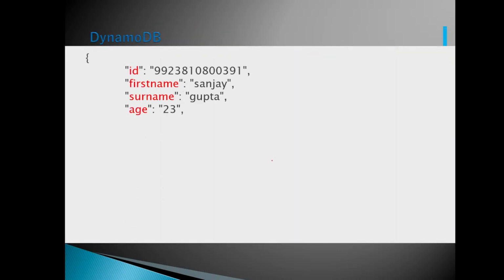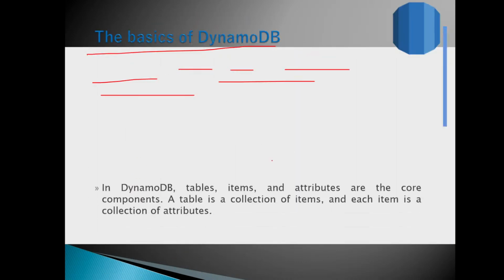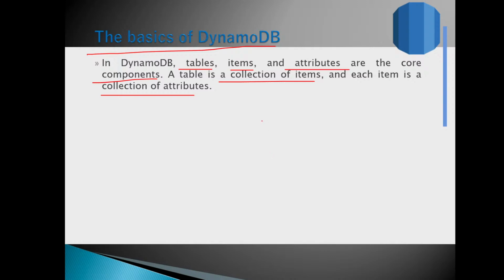So tables, inside a table there are items. Item means row, if you want to compare it with a traditional database. And the collection we will call cell.